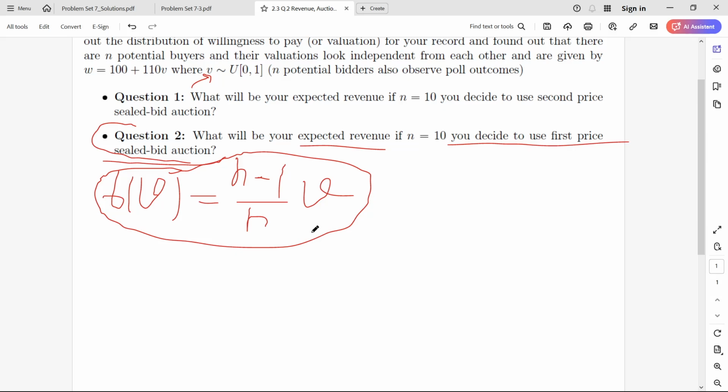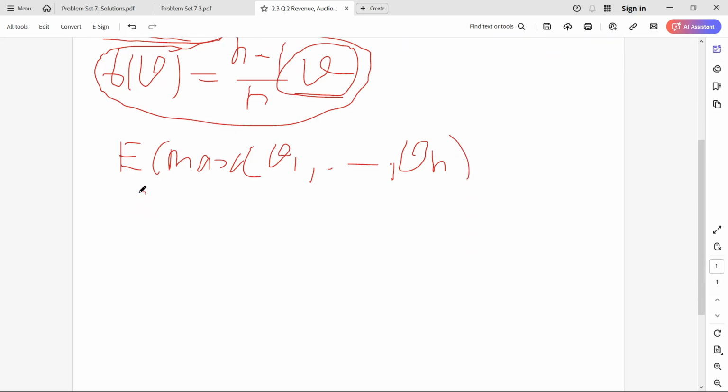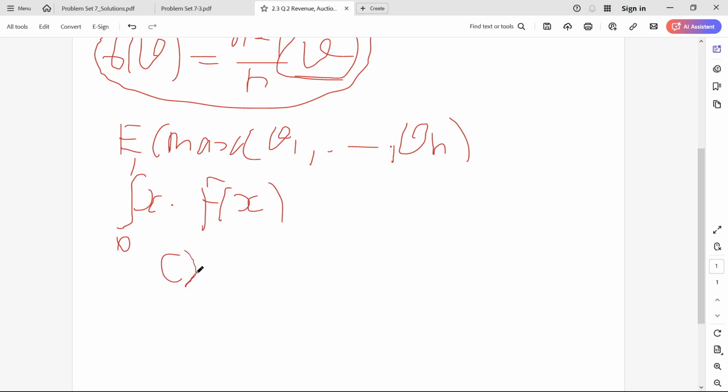So the expected value of the highest V is basically the expected value of max V1 to Vn. And as we know, the expected value is the integral from 0 to 1 of x times f(x). f(x) was the derivative of the CDF.